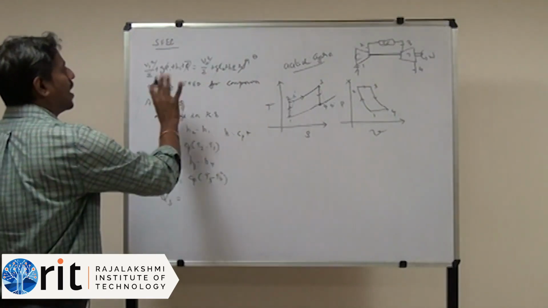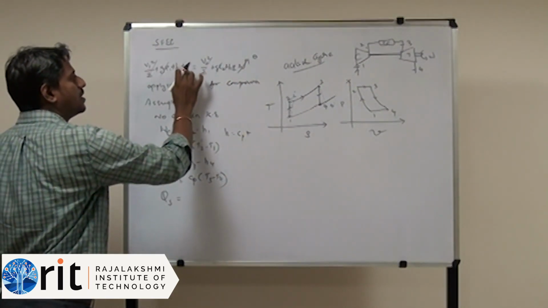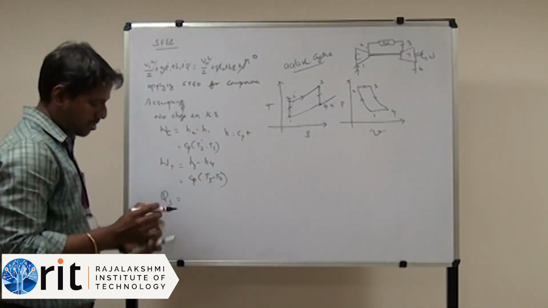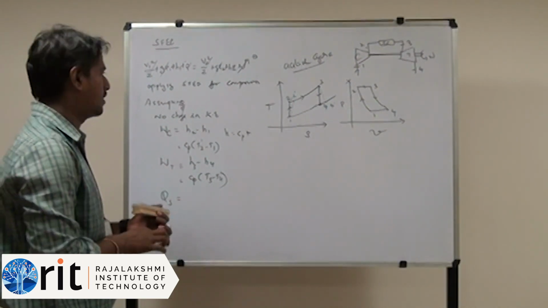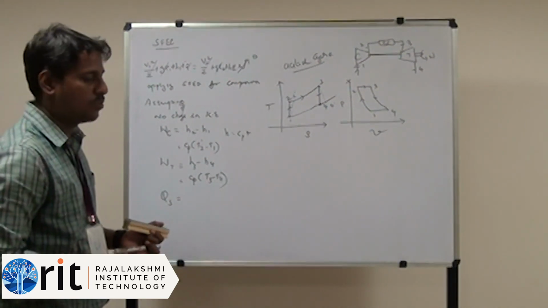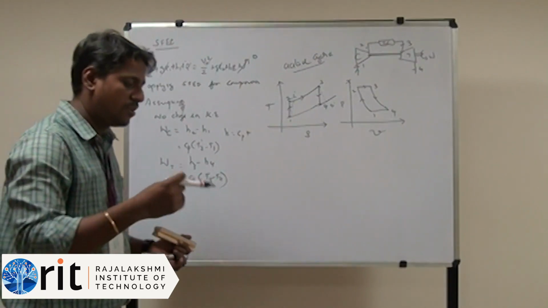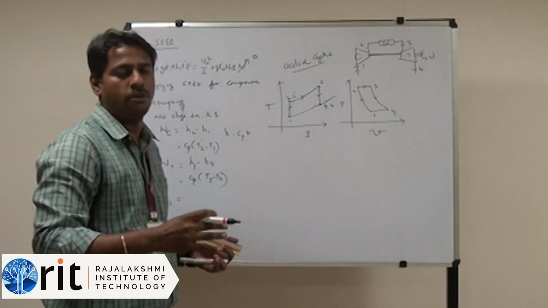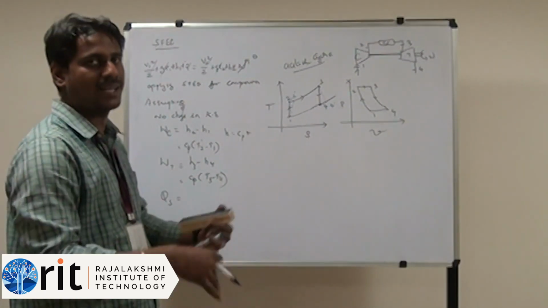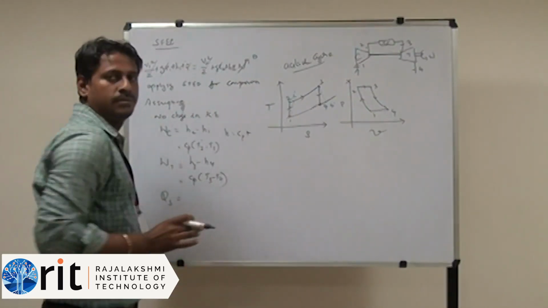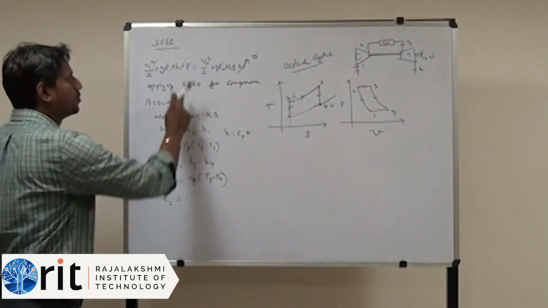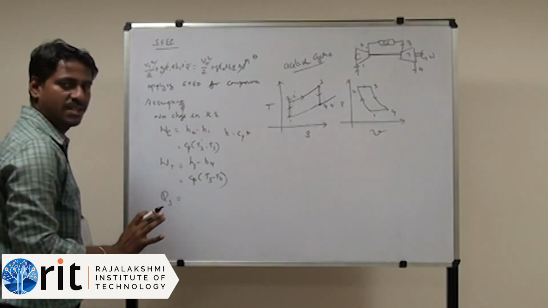But there will be heat generation or heat flow, right? Because it is a combustion chamber. What is happening in the combustion chamber? Fuel will be injected, and the fuel will be mixed with the compressed air, and combustion takes place. So there will be heat. So now heat supply, Q, H1 and H2. This is the remaining component.